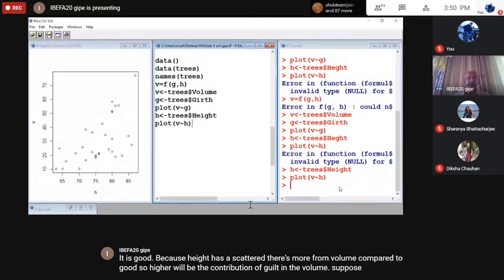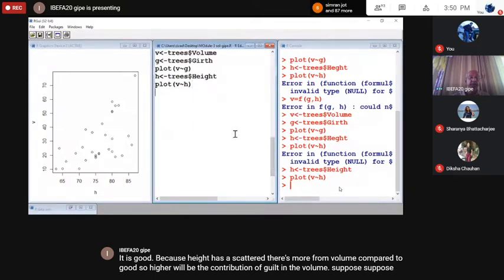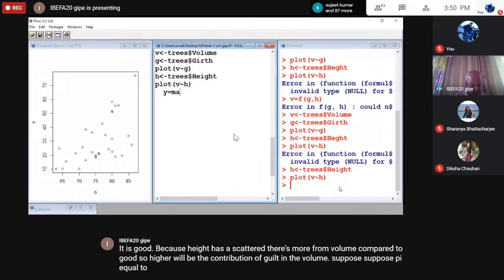Suppose y equals marks, x1 equals faculty, x2 equals percentage attendance.